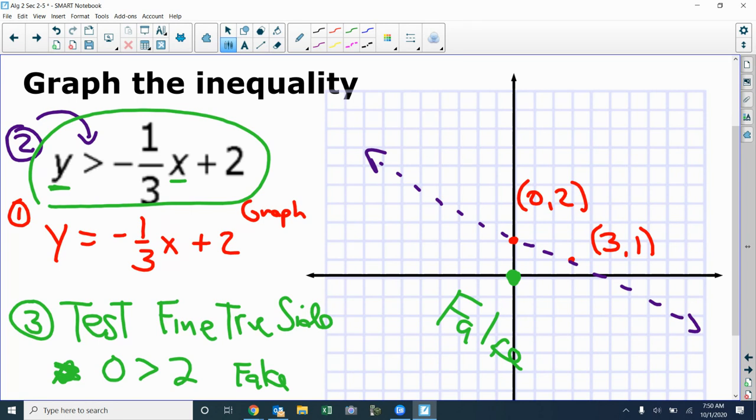Always shade the true side. So which side do we need to shade? The other side. And you can just draw a couple lines that way. Don't go too crazy on shading. Slim shading. Right.